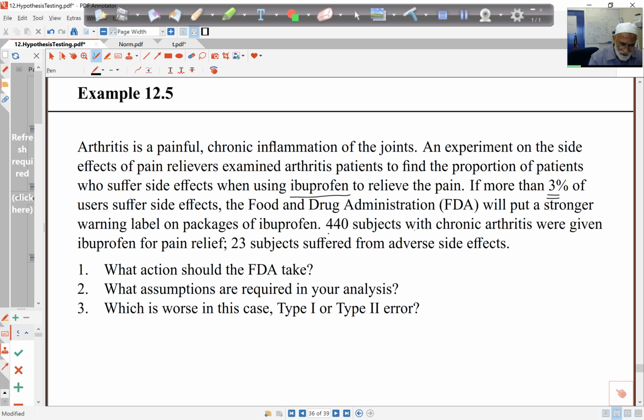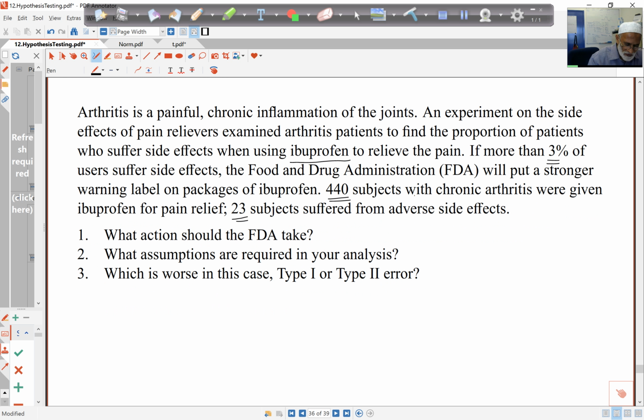So 440 subjects were given this pain relief, and of these 23 suffered some side effects. So here what should the action be by FDA? Should they actually make the warning stronger? And then we look at assumptions as well.